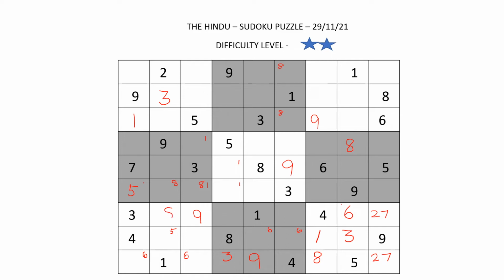So that means this 5 becomes a big 5. And this 8 gets cancelled out. And this becomes 8 now. So that means this becomes a 1 now.